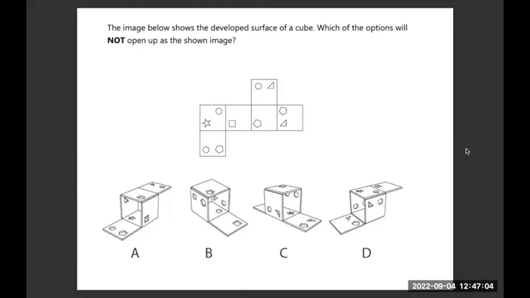Just remember, you're supposed to fold the cube. You're not supposed to do anything else with it. You just have to fold the cube. Janvi, wrong answer. Malhar, wrong answer.